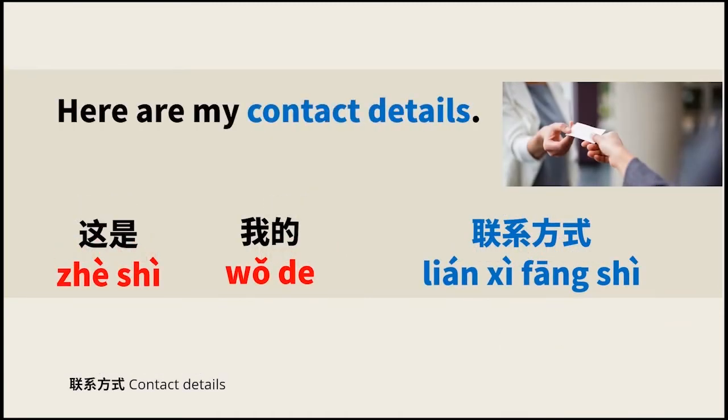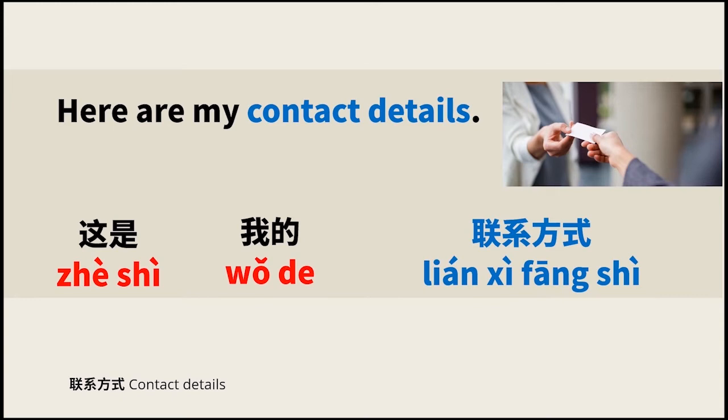Say if you don't have a business card but you want to connect with them, so you quickly write on a piece of paper and say, here are my contact details. Contact details, 联系方式. 联系 means contact, 方式 method.